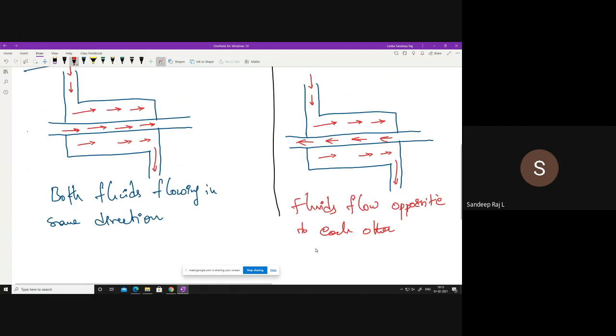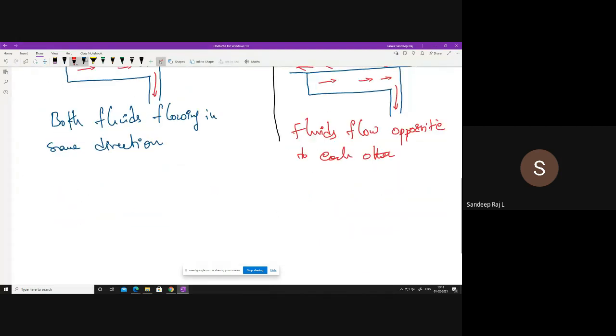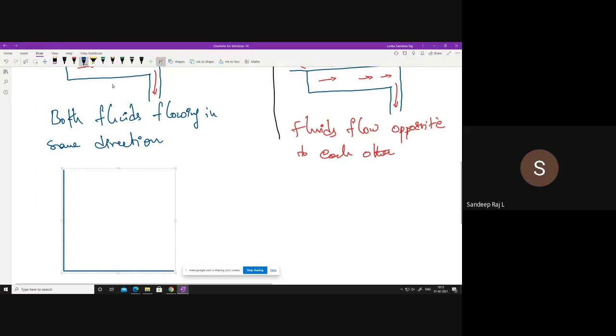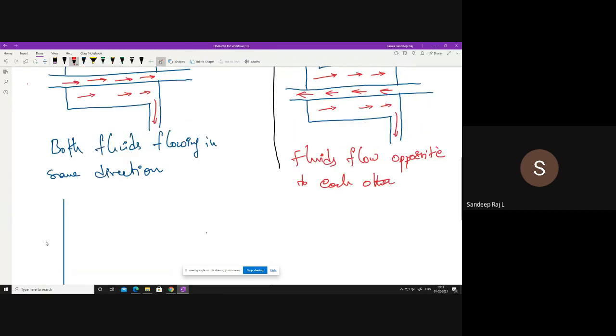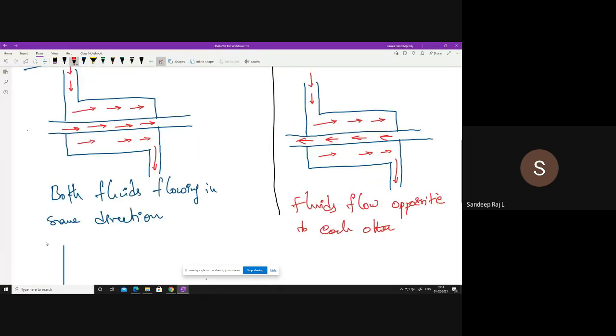Right? Now, here I would like to draw a temperature profile of these fluids. Let me take red for the inside fluid. If this is a parallel flow, what will happen to the temperature? Let us say cold fluid is flowing inside, or hot fluid is flowing in the outside one.